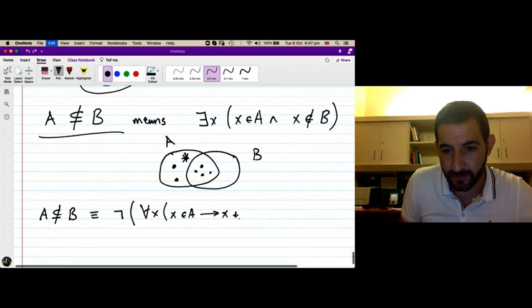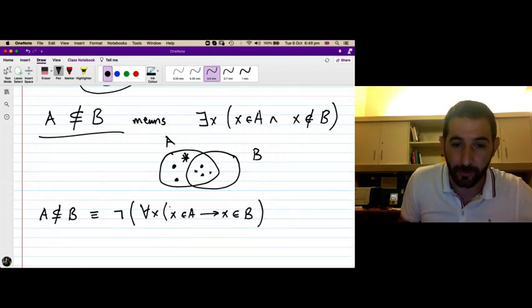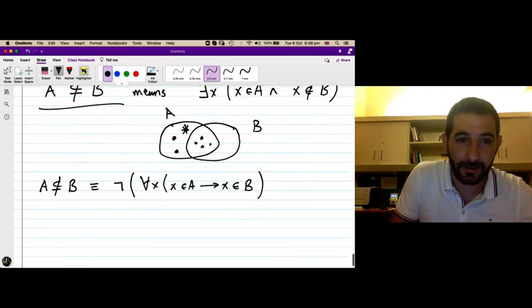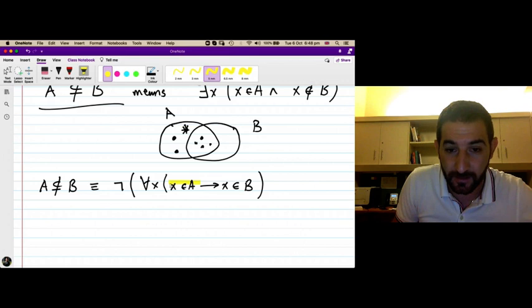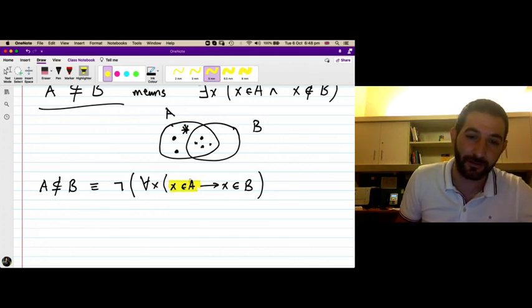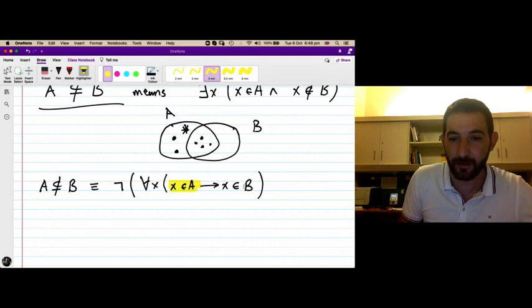Okay, now let me say one comment here: X belongs to A is a statement. It states that X is an element in A. It's a predicate, X has this property if it's an element of A. So this is a predicate implying another predicate.